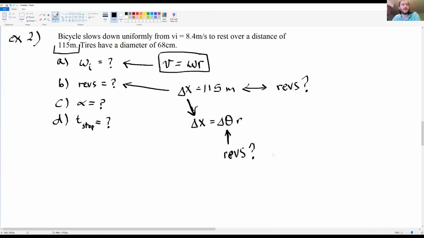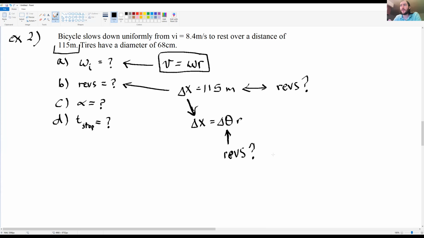What units is theta going to be in? Not degrees, but radians. Always radians, okay? Make sure that your calculator is always set to radian mode. It's super important in this chapter that you're always in radians, never degrees.